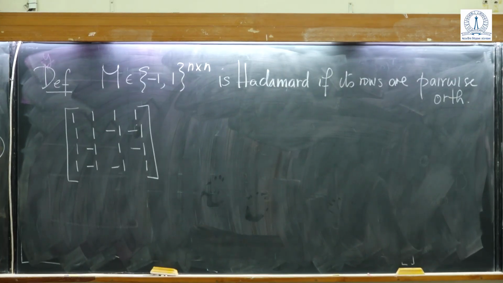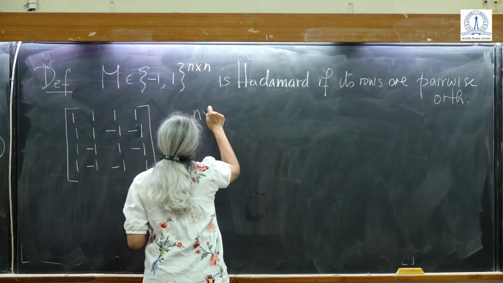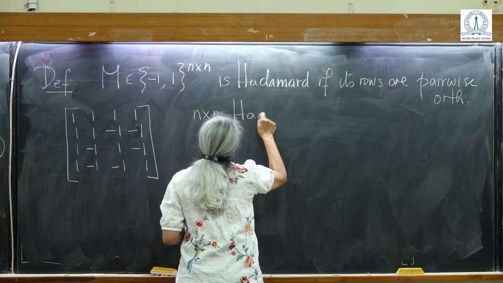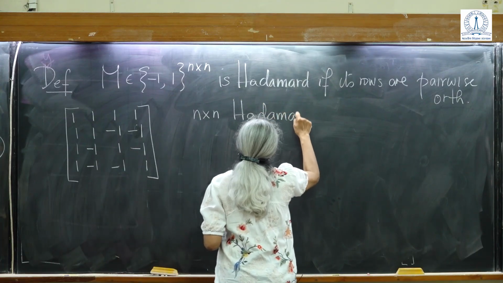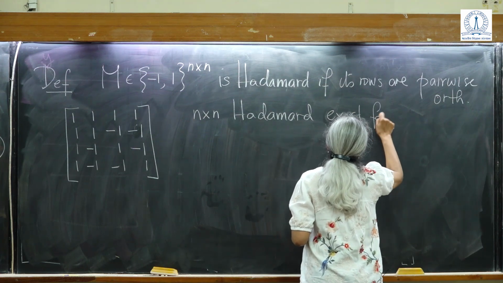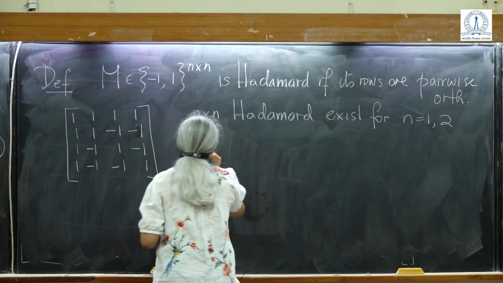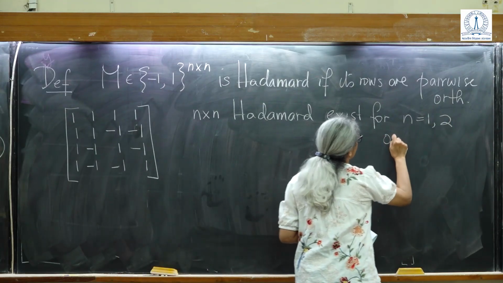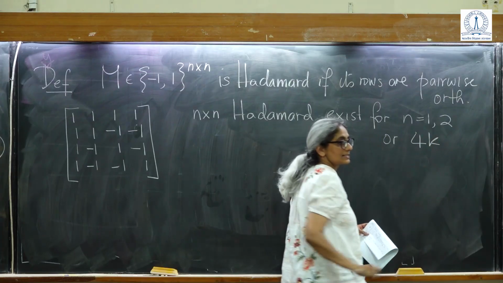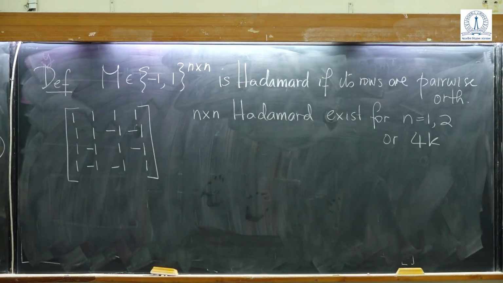Okay, so what do we know? We know that n by n Hadamard matrices exist for n equal to 1 and 2. And they also exist, or it has to be some multiple of 4. This is known. So if you're a Hadamard matrix, the n has to be 1, 2, or a multiple of 4.